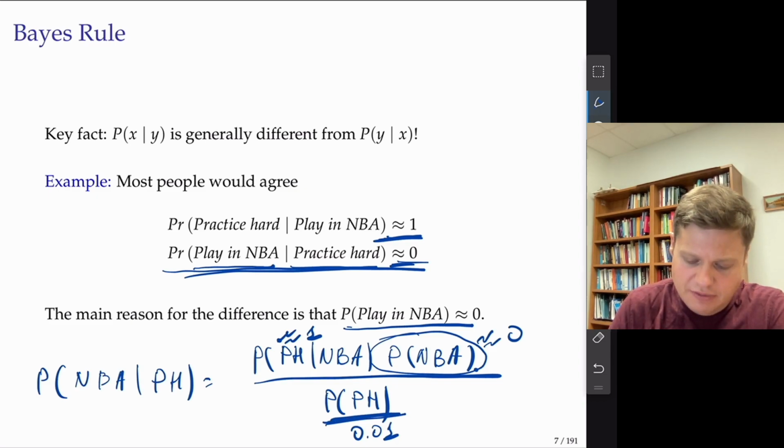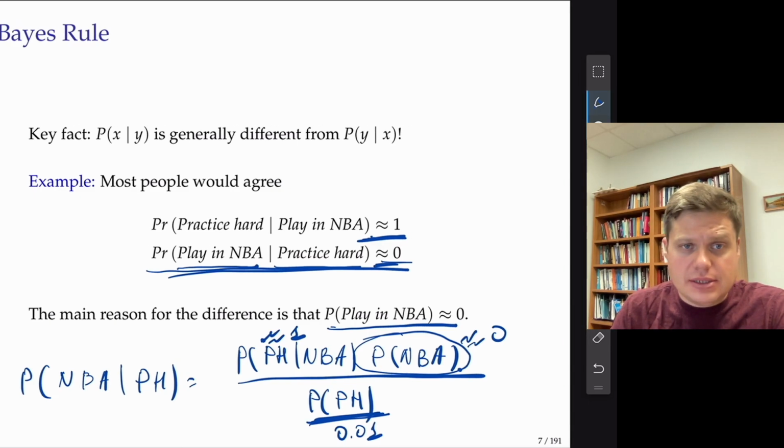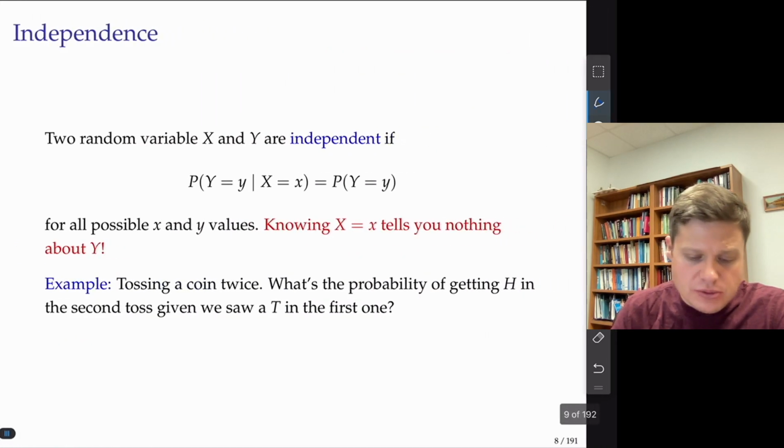If you can practice hard at hockey, you can also practice hard at basketball. So let's say 1 out of 100 people practice hard at one of the sports. All right, hopefully that shows you the power of the Bayes rule.